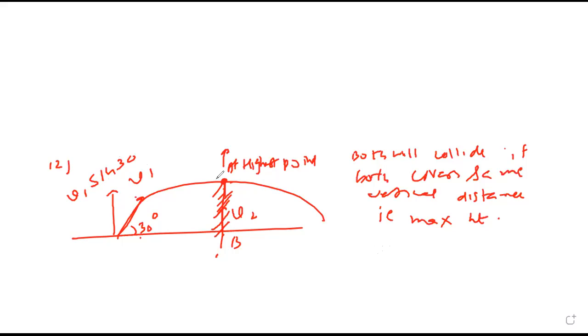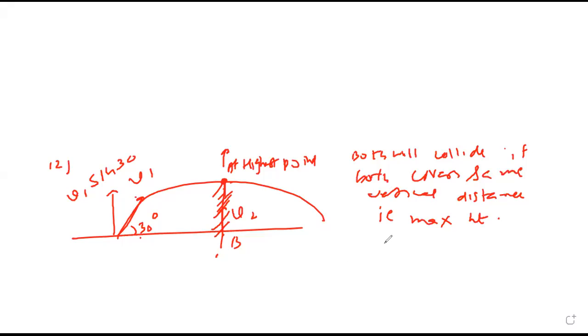Both will cover the same distance when they meet, and the time taken is also the same. Is this line clear? Both will collide if both cover the same vertical distance, that is the maximum height.